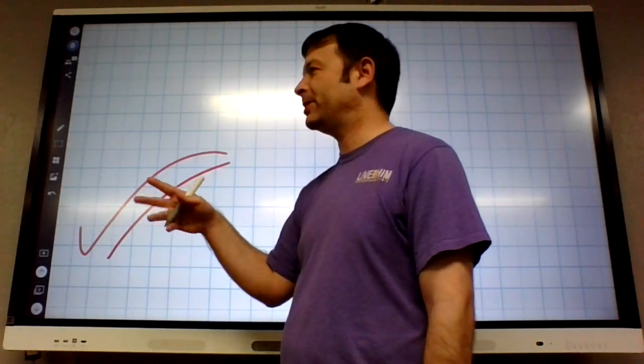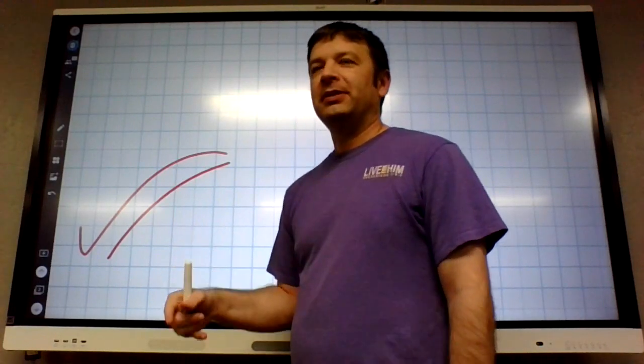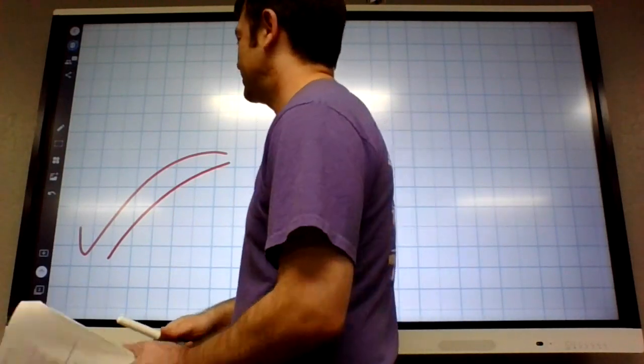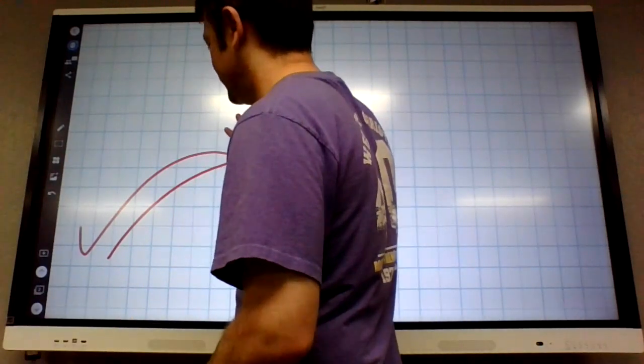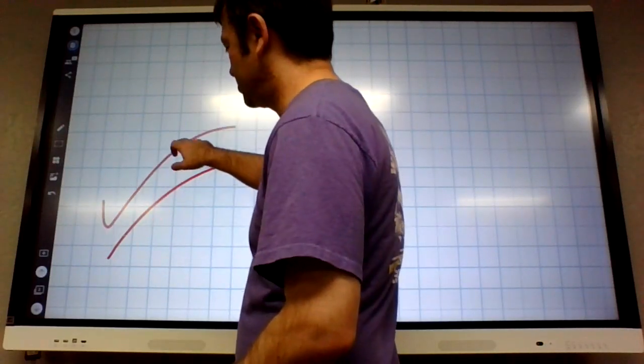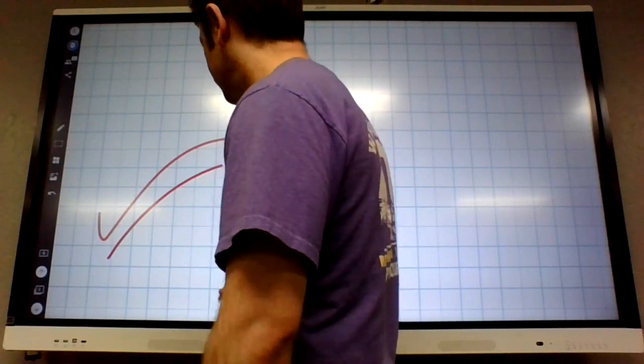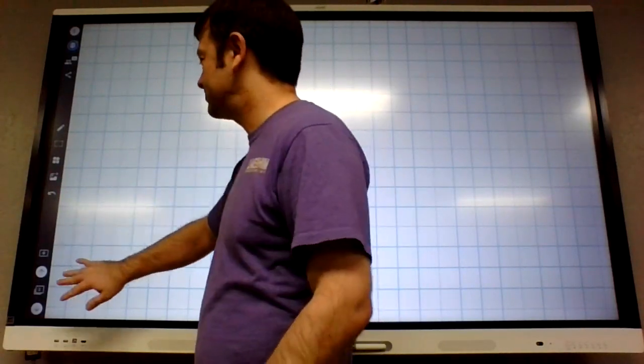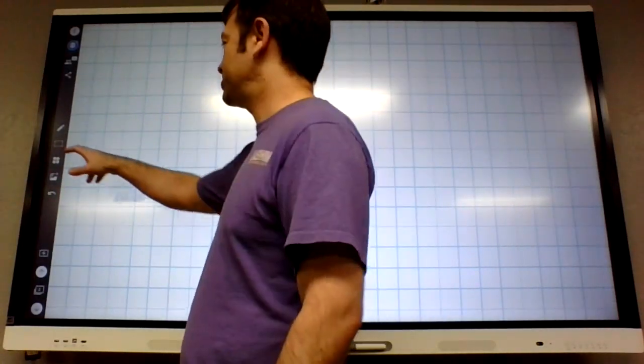I agree with everything Katie's saying. We need a lighter shade. Lighter won't show up.